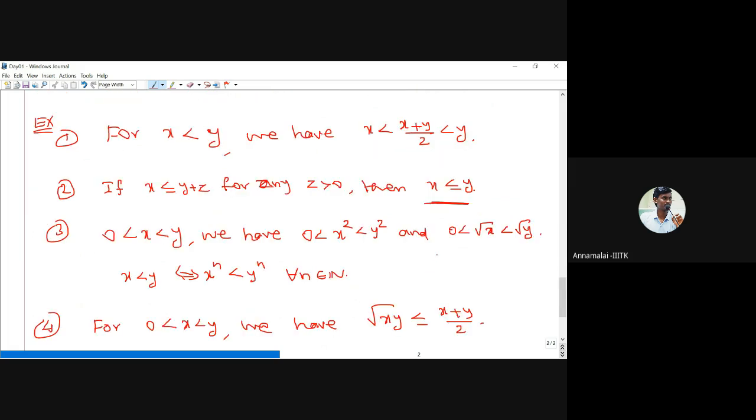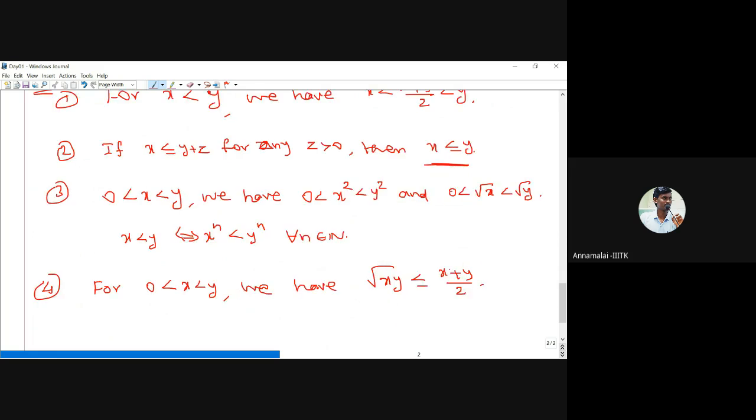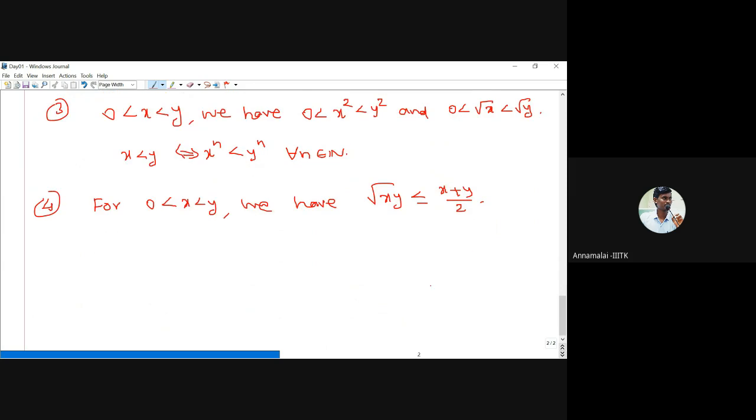Now we define what is an upper bound of a set and a lower bound of a set. Definition for upper bound. Let A be a non-empty subset of R, a subset of real numbers.